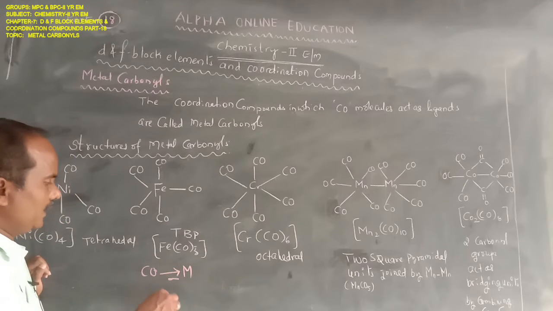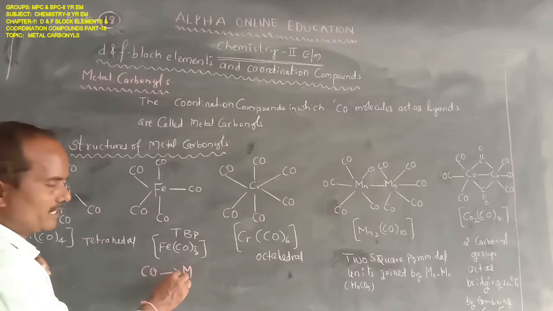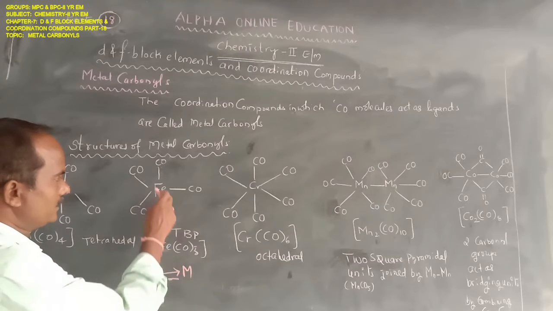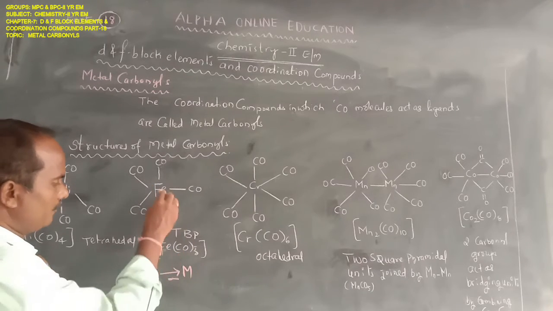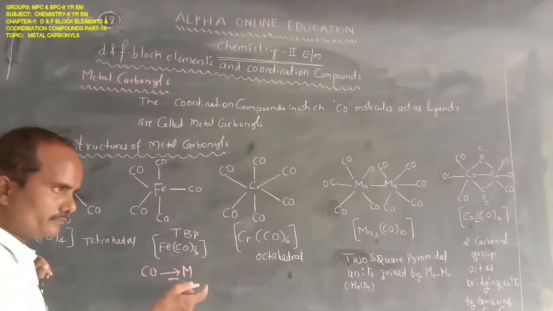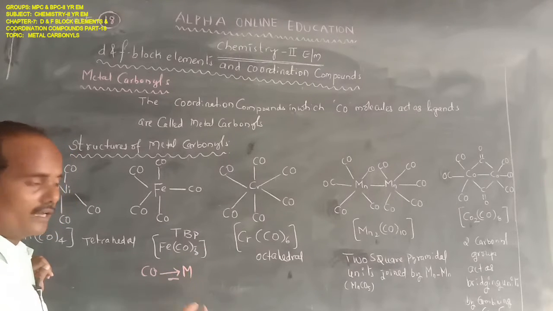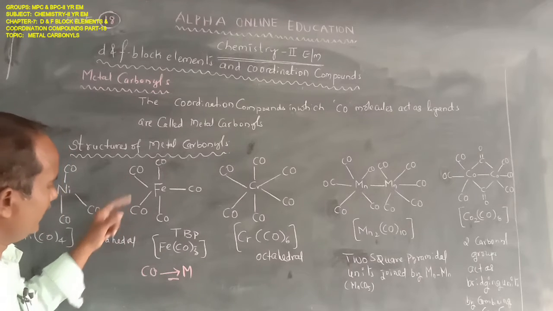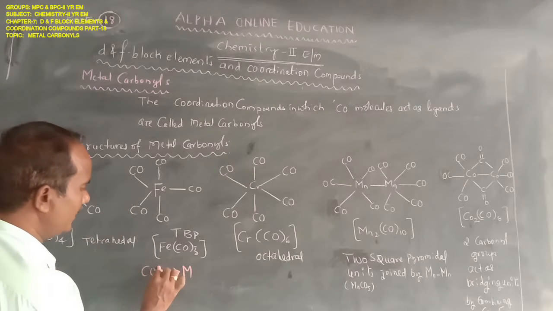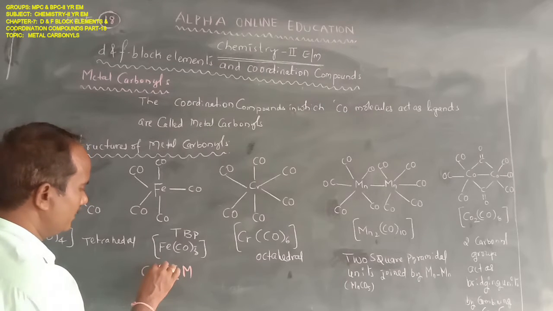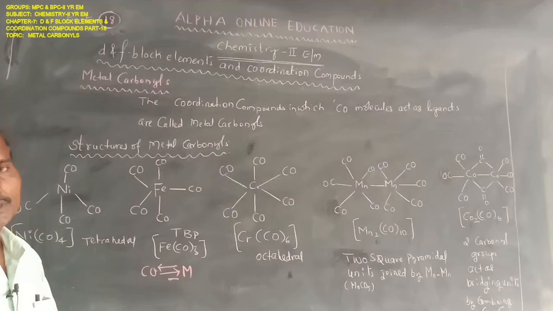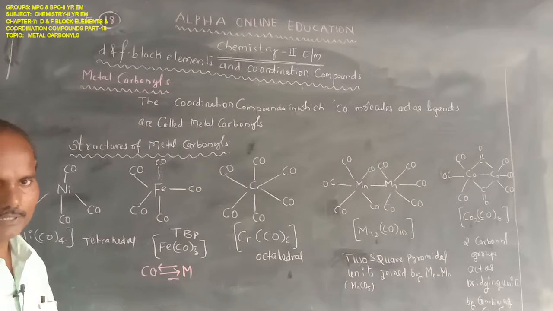After formation of the sigma bond, the metal has filled orbitals. From these filled orbitals, electrons are donated to the pi star molecular orbital of carbon monoxide.